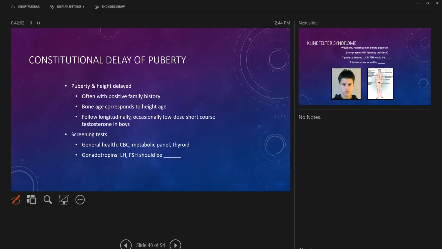We want to assess testosterone levels, and sometimes, if indicated, we can use short doses of testosterone in boys to kickstart the puberty. We can do screening tests just to assess for general health with the CBC, metabolic panel, and some thyroid studies. And we can also look at the gonadotropins.